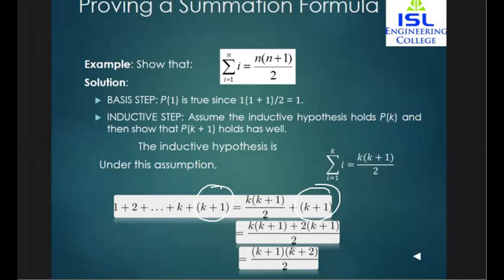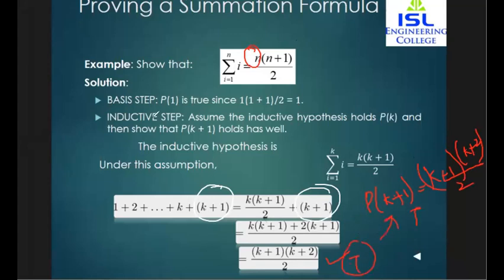Now we get k plus 1 into k plus 2 by 2. This is similar to our P of k plus 1. If we substitute k plus 1 in place of n, we get k plus 1 into k plus 2 by 2. Since both are equal, P of k plus 1 must be true.